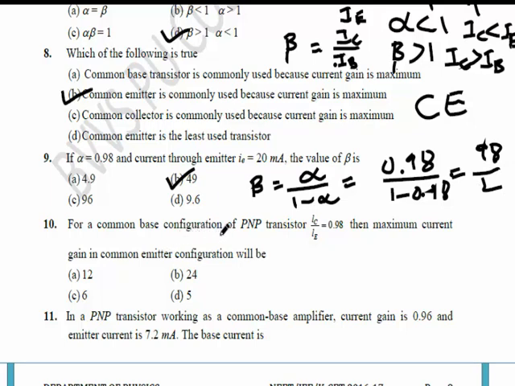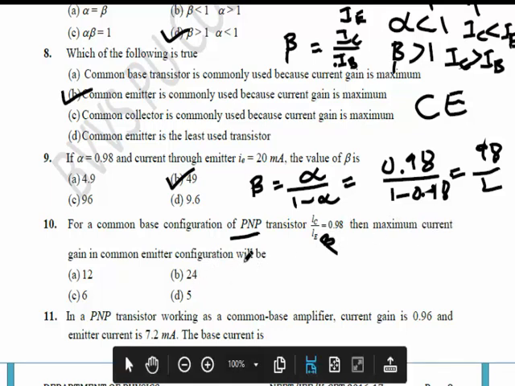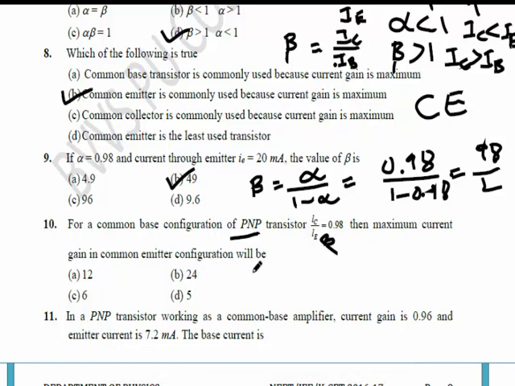For a common base configuration of PNP transistor, IC by IE means alpha. Then the maximum current gain in common emitter configuration is. See here, it is not beta.